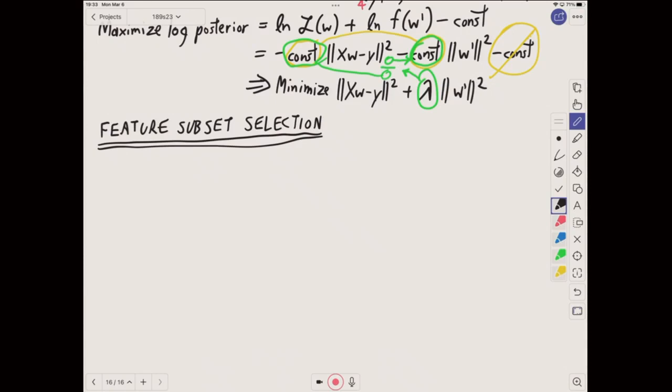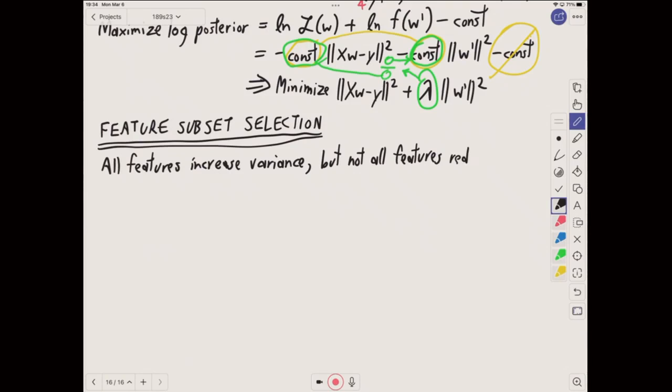Spam is a classic example where that happens. So again, keep in mind that all the features increase the variance, whether they're good features or bad features, predictive or not predictive. But only the predictive ones help reduce the bias. And sometimes too many predictive ones don't reduce the bias because they're just encoding redundant information.